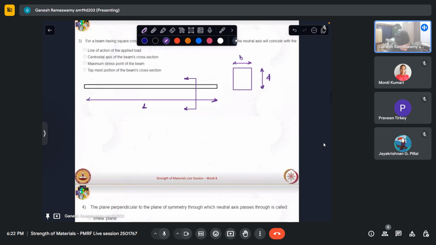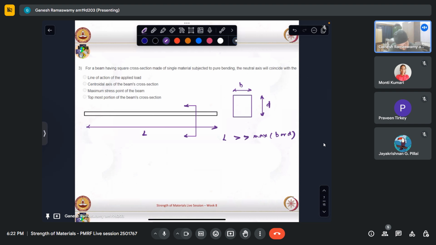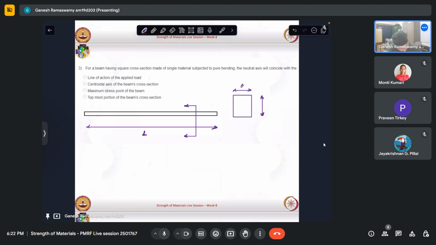So when L is much greater than the largest lateral dimension, whichever is the greatest of B or D, then we term this as a slender member. Okay. So for a beam having a square cross section, let me put both of these as A. Let this be A and let this also be A.